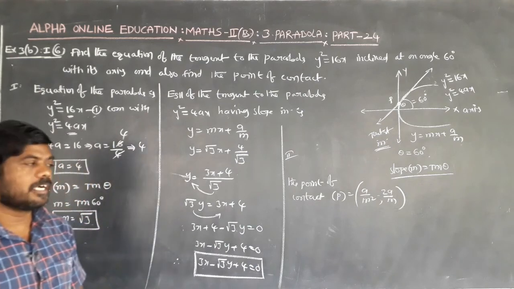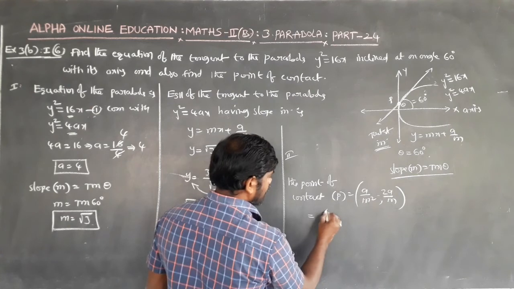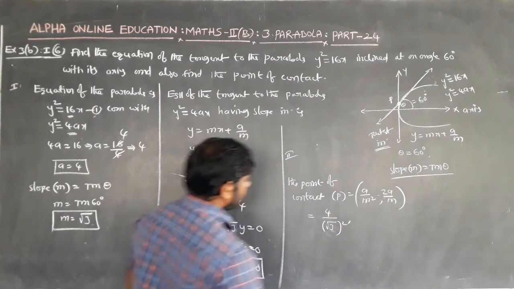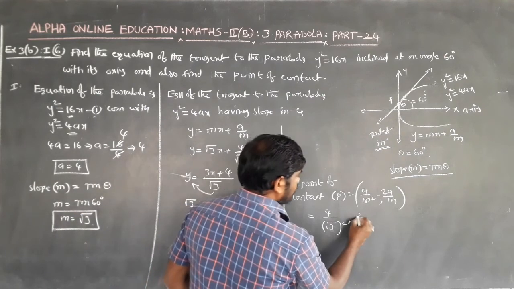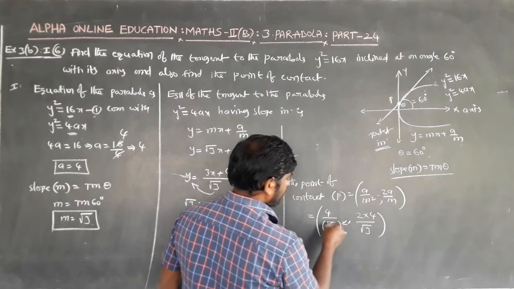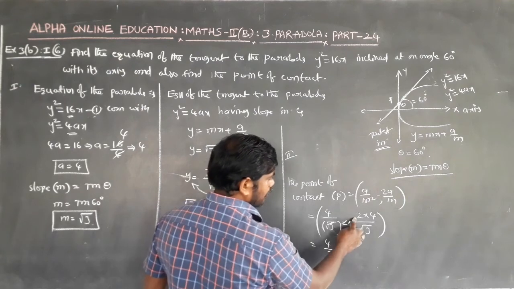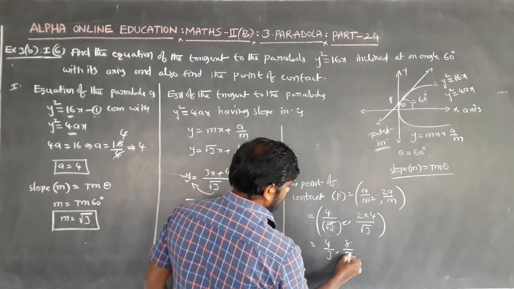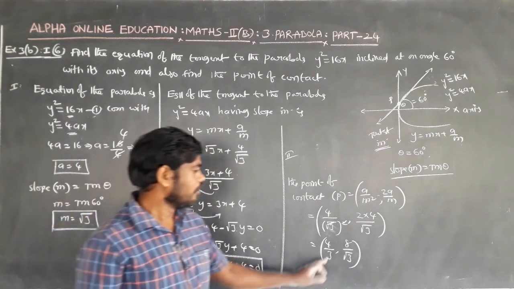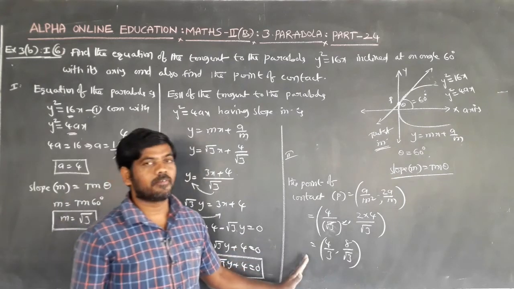Substituting a is 4 and m is root 3: 4 by (root 3) whole square, comma 2 into 4 by root 3. Cancelling, 4 by 3 comma 8 by root 3 is the point of contact.